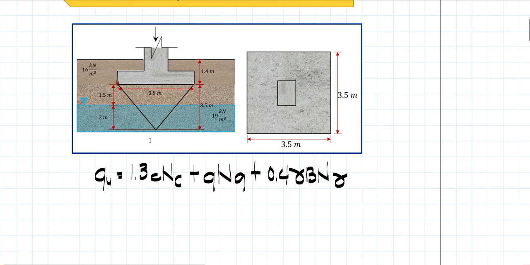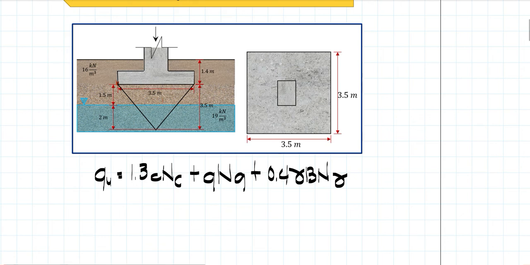Ngayon, ang magpapalit lang from our previous video will be yung q, yung gamma, and yung B. But the rest is still the same. Yung cohesion natin, yung Nc, yung N gamma, and Nq ay pare-pareho lang, yung bearing capacity factors natin.